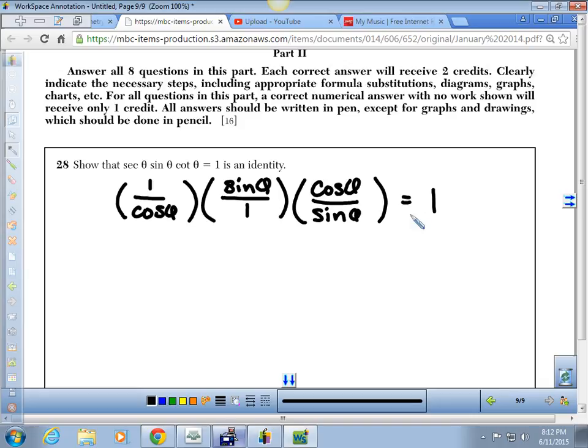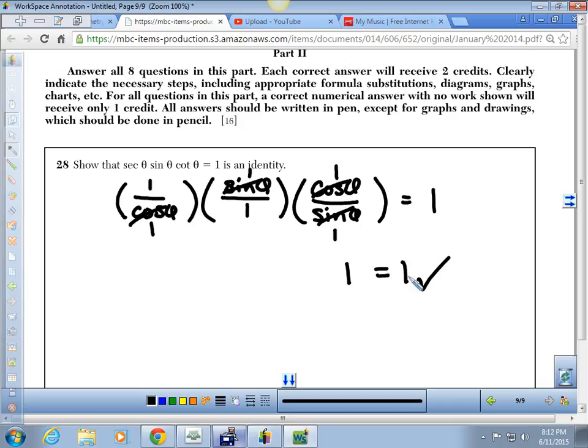Yeah, we're trying to show this is equal to 1. Well, folks, what do we do with fractions before we multiply them? This cosine theta is going to cancel that cosine theta. They become 1s. This sine theta is going to cancel that sine theta. They become 1s. What do we get? 1 equals 1. We have proven that this is an identity.